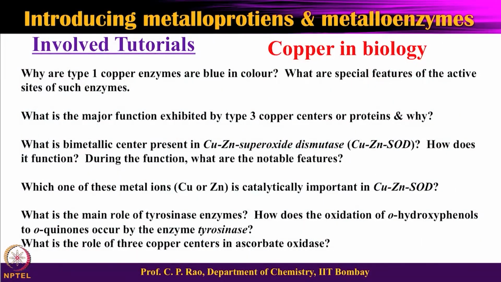What is the major function exhibited by type 3 copper centers in proteins and why? First of all, the type 3 copper center is a dinuclear center. With a dinuclear center, the moment comes to mind that one should think of both the metal centers being used for a redox purpose, giving 1 electron. In fact, copper 2 can go to copper 1 can go to copper 2.